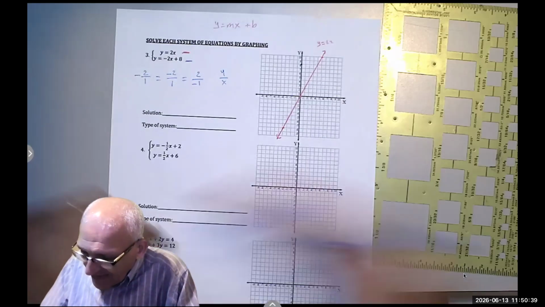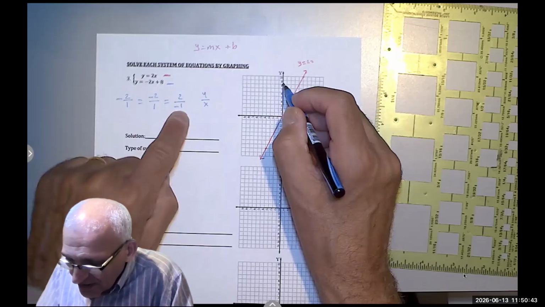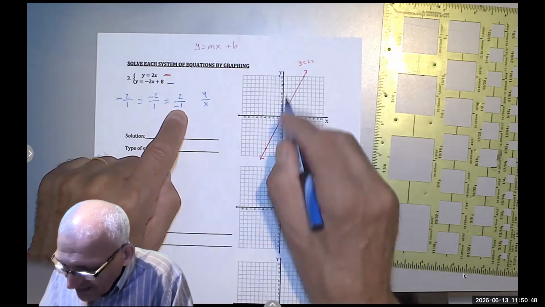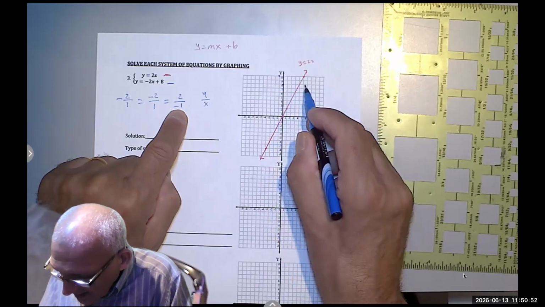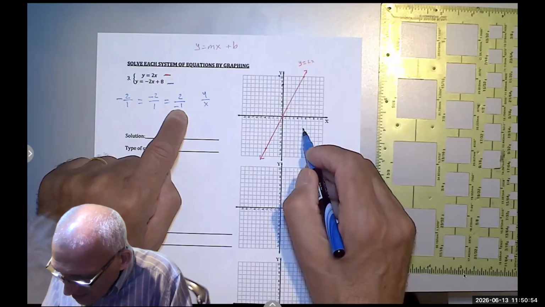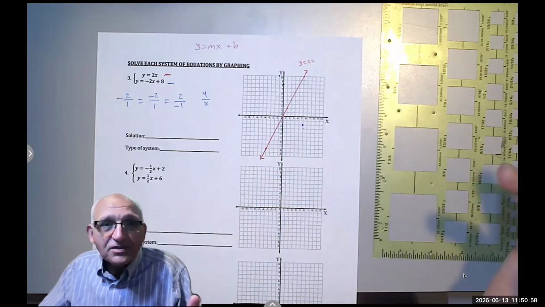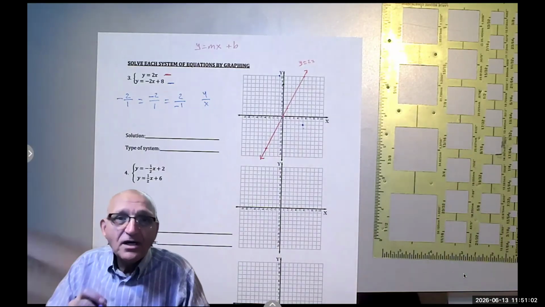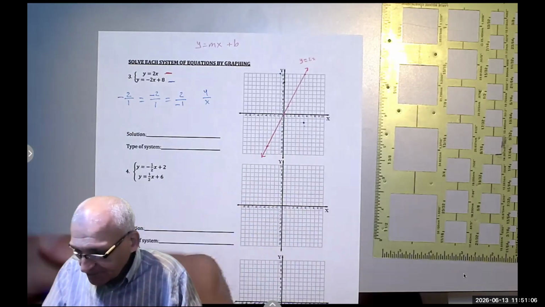So if I am here, and then I'm going to move, say, 1 to the left, I go 2 up. Or if I move 5 to the right, I go 10 down to negative 2 here. You can make any numbers. You can move to the right and down or to the left and up. Both of these mean the slope is negative 2.